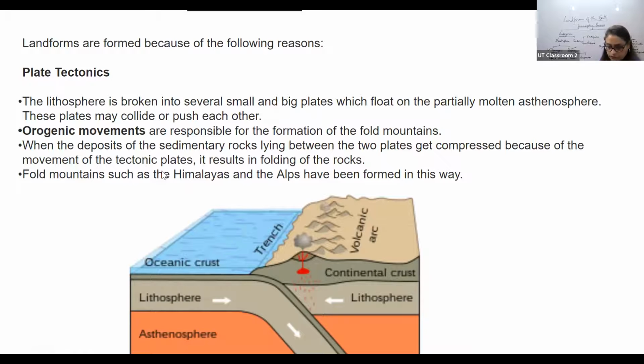Here you write down tension and compression. Two plates get compressed.